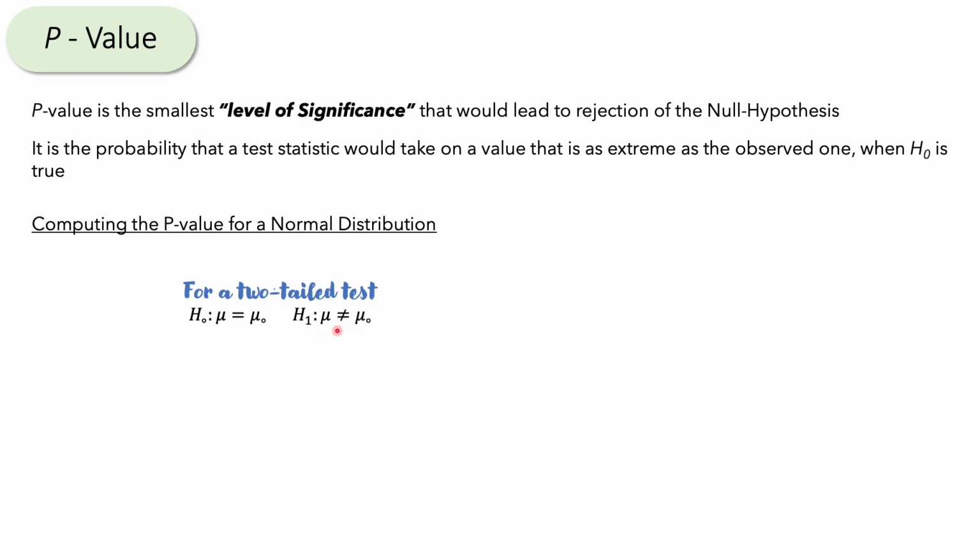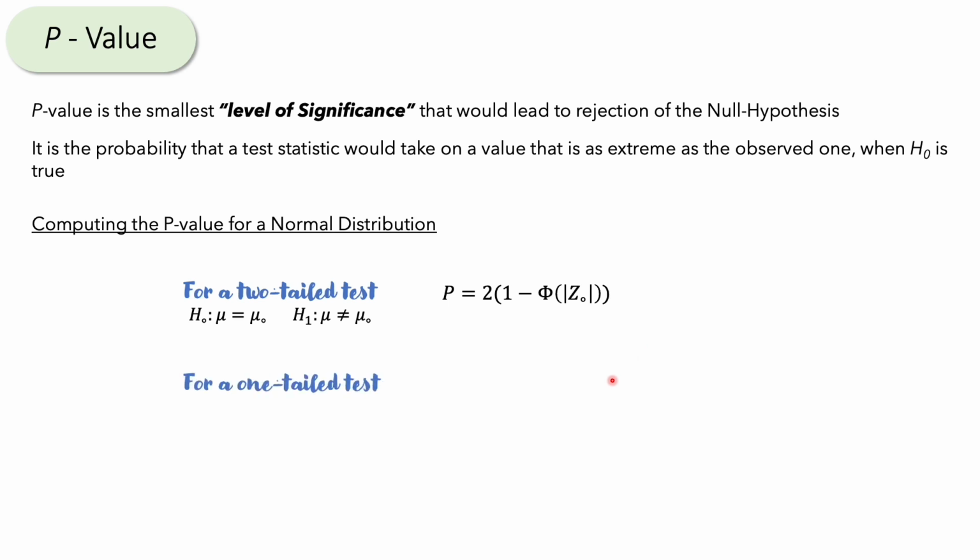It makes it a two-tailed or two-sided test, and for this one we can find the value of p like this. It is equal to 2 times 1 minus phi of z naught, where phi is the cumulative standard normal distribution function, and you know how we find z naught. This is the z statistic.